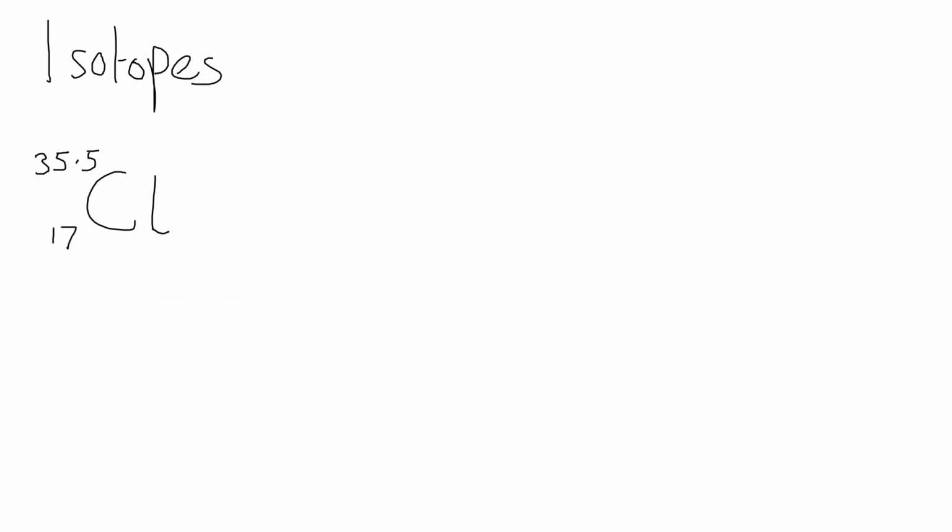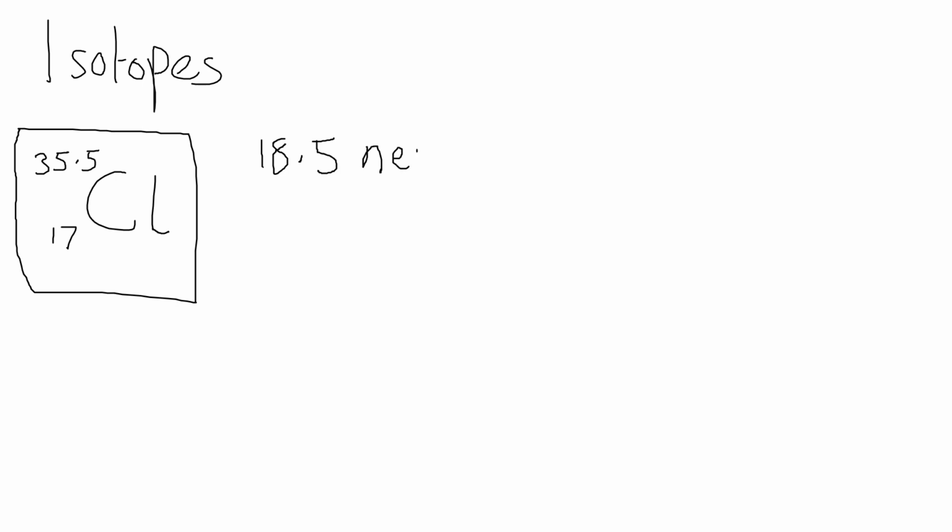Sticking with chlorine, when you look at chlorine on an A-level periodic table, you see two numbers, 17 and 35.5. Now, what you cannot assume is that you have 18.5 neutrons. That is wrong. There are not 18.5 neutrons, but actually what happens is that chlorine is made up of two versions of chlorine.